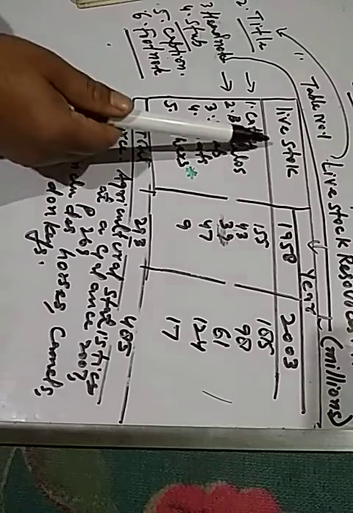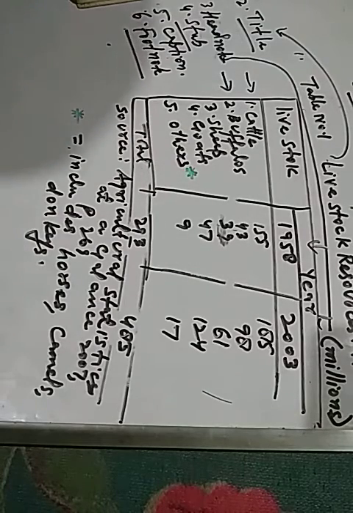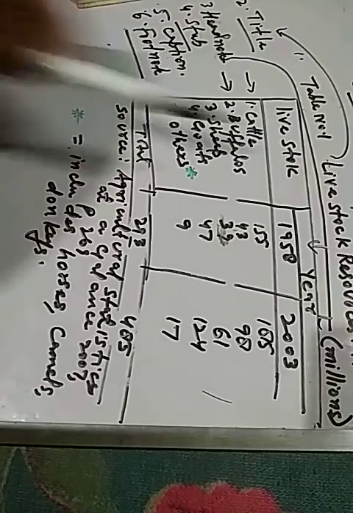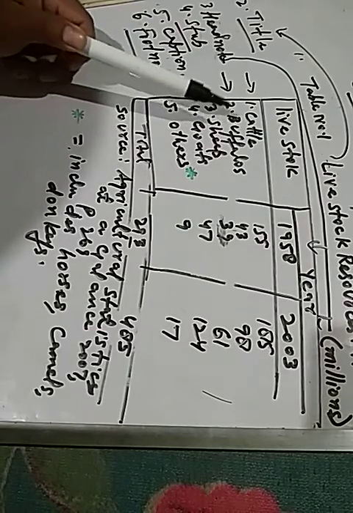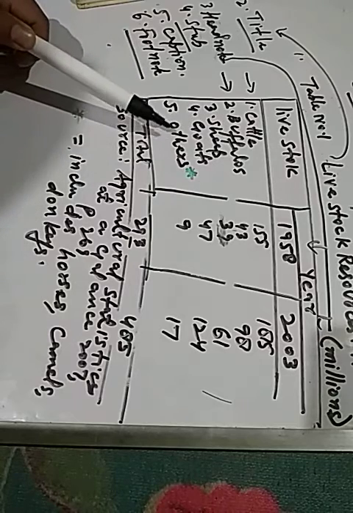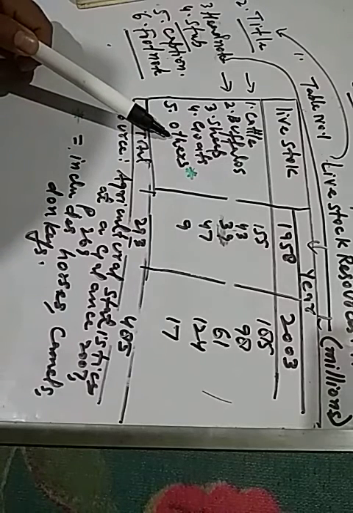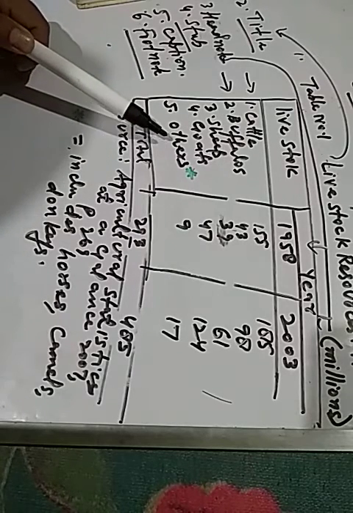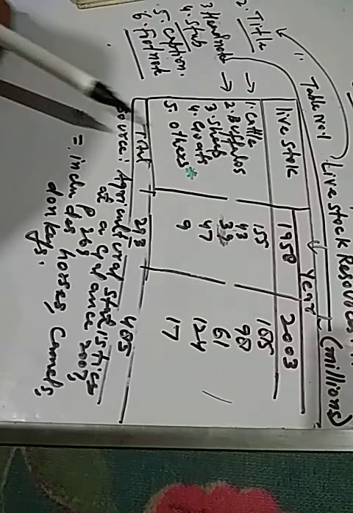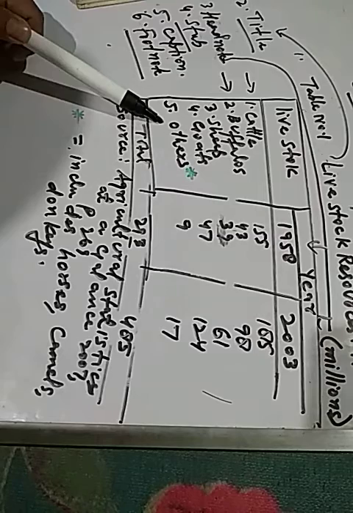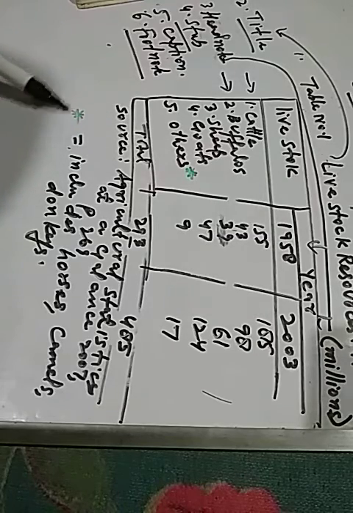For example, here in this table we have given livestock resources of India in millions, and livestock includes cattle, buffaloes, sheep, goats, and others. But in the table we do not know what these others include. Therefore, it has to be clarified, and it is clarified at the end of the table.